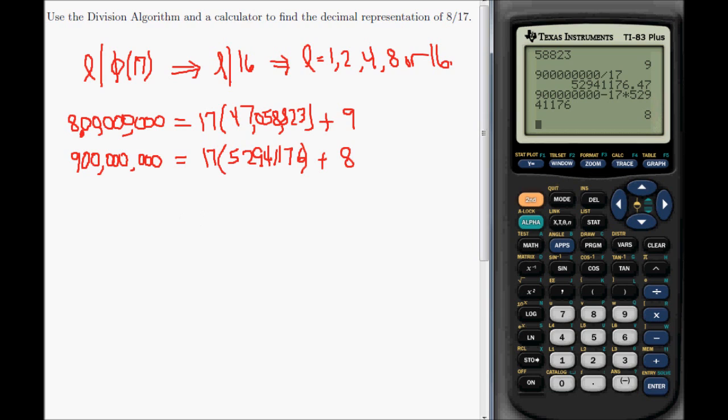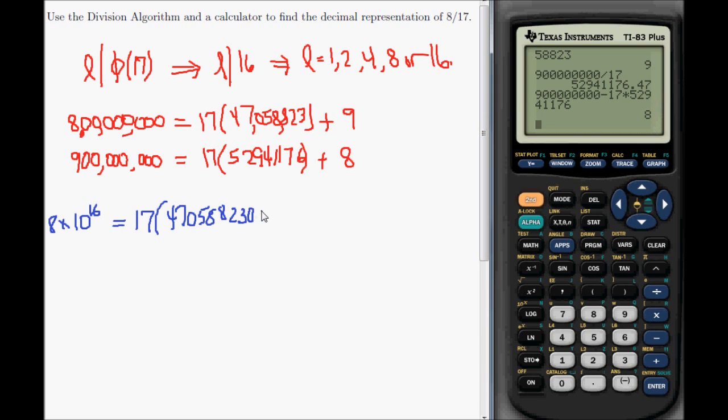Okay, so what I've done here is, let's now take this top line and multiply it by 10 to the 8th. So I have 8 times 10 to the 16th. Multiplying this left-hand side by 10 to the 8th, that's going to be equal to 17 times 47,058,823.